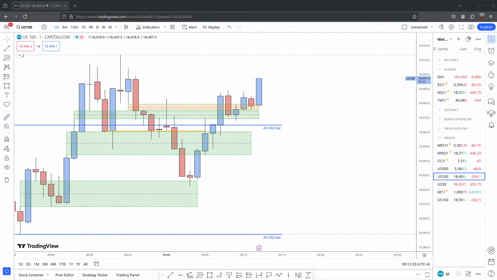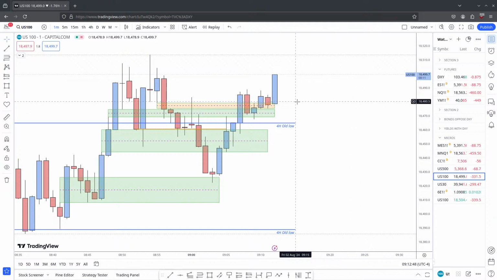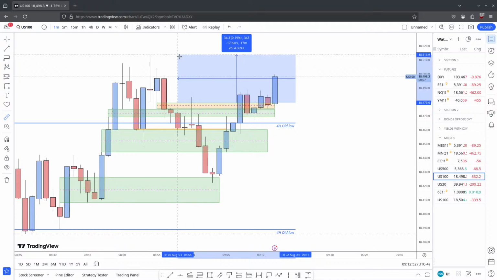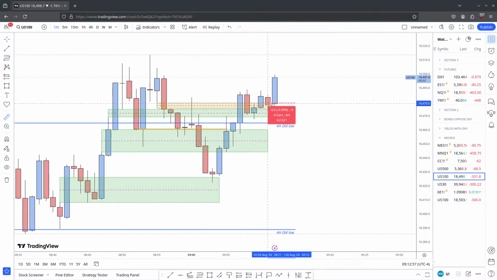Dollar is trading now lower. US 30 is higher, so all the indices are reaching up higher. So far, that's looking good. We're reaching above that high, that 22%.